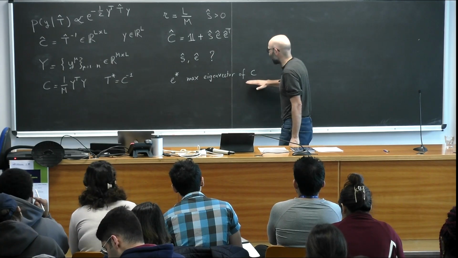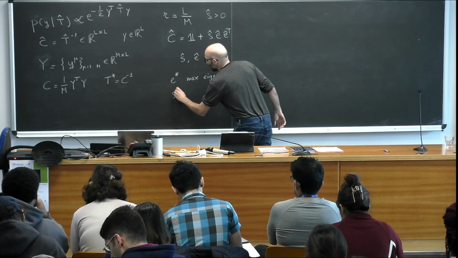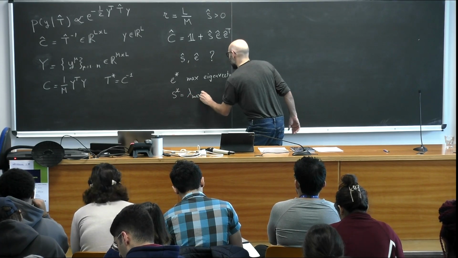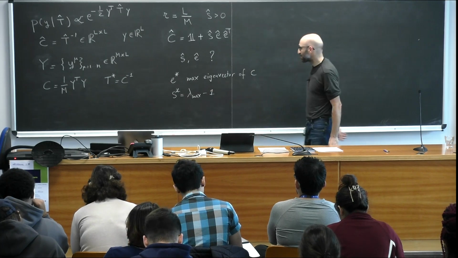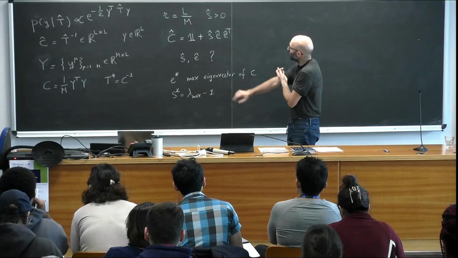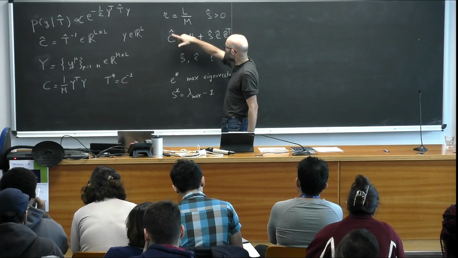So you have to compute the empirical correlation and find the principal component, and S star is the maximum eigenvalue minus 1.